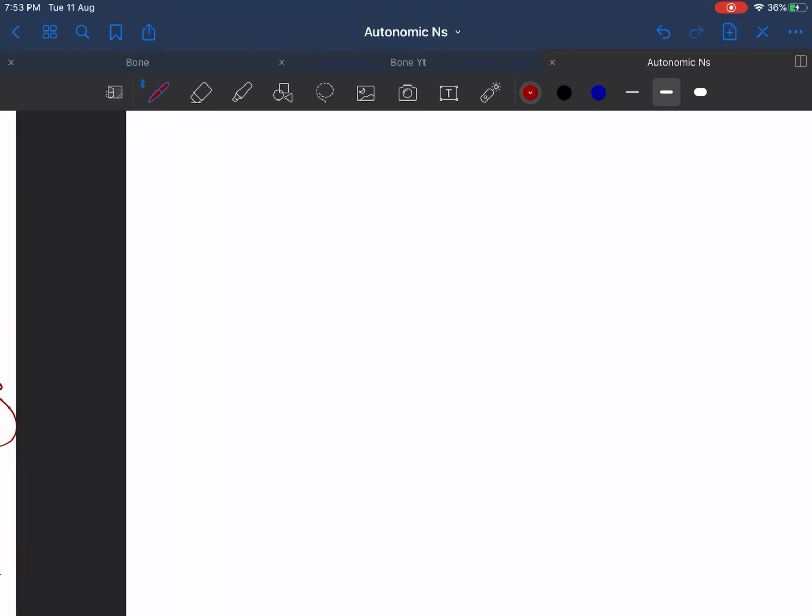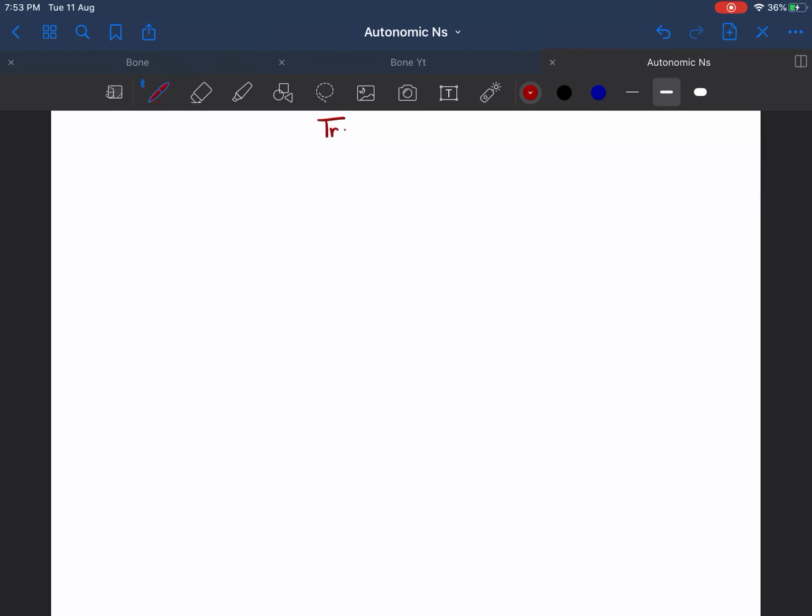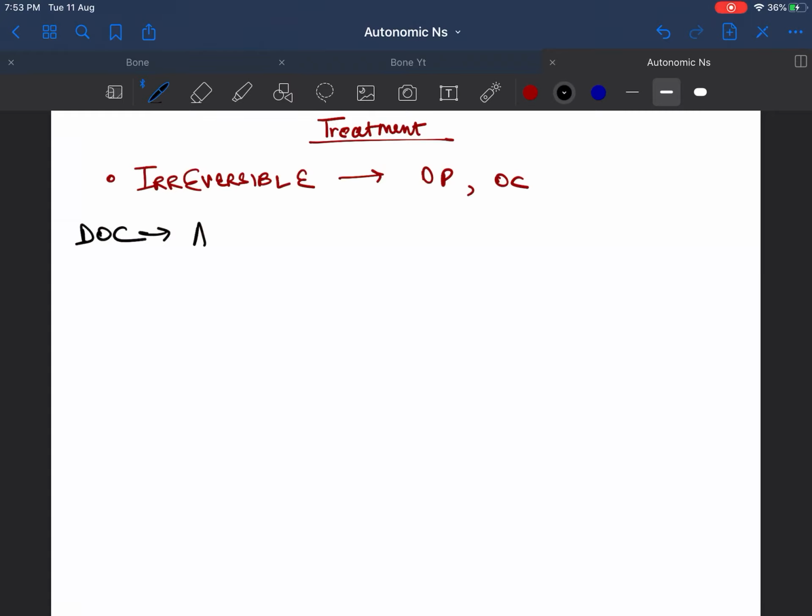Now, what is the treatment? In the first 30 minutes, you have to treat the person. In cases of irreversible poisons like organophosphates and carbamates, the main drug of choice is actually atropine.